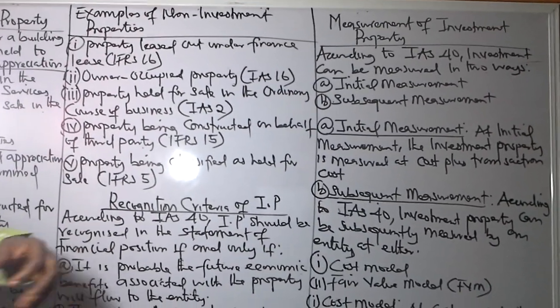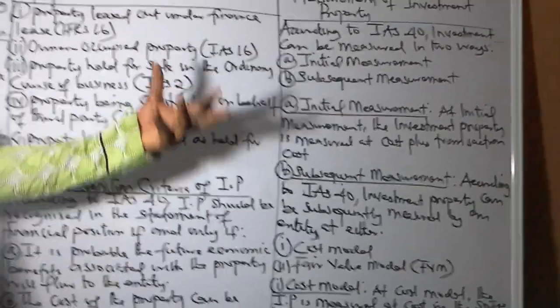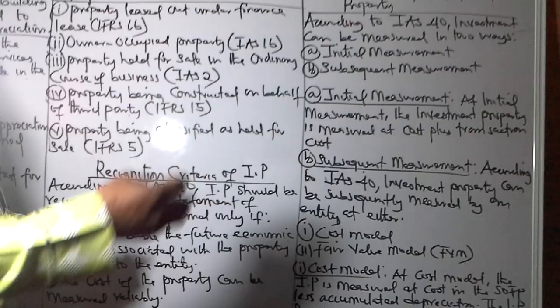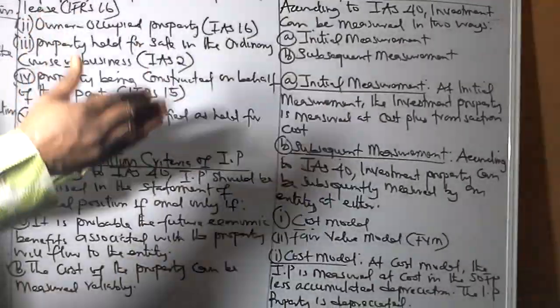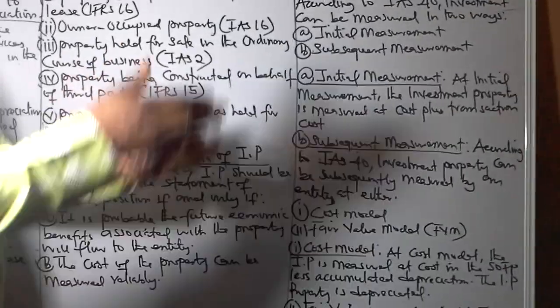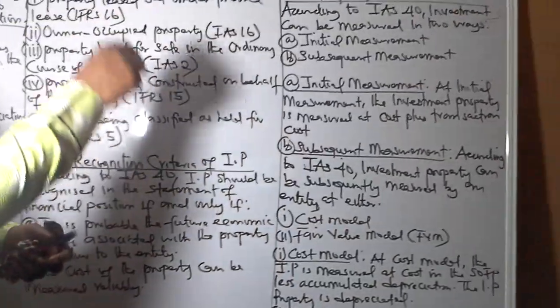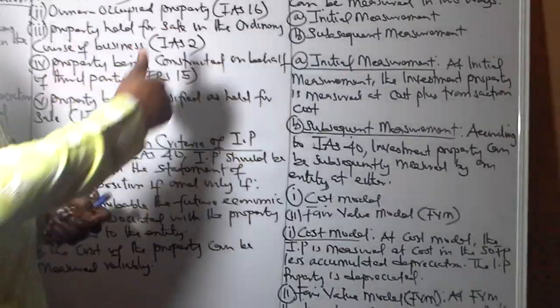Next, we are going to take a sample to see how to determine the value of an investment property at initial measurement. It is normal that you know the value you are going to bring into your record. So that is done at initial measurement. Now, subsequent measurement.